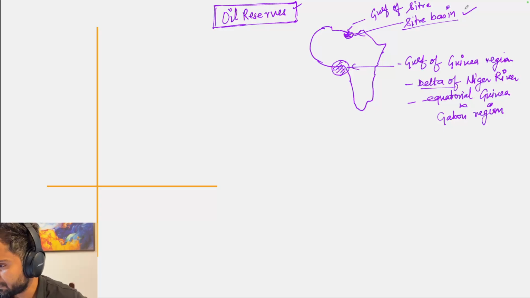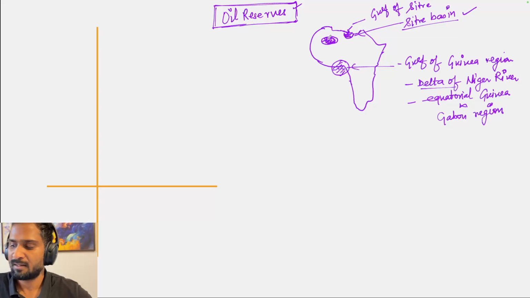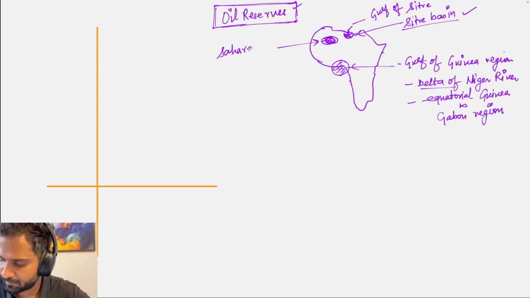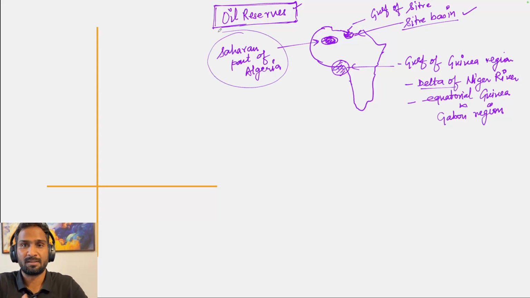Then in fact, this part of Algeria, the Saharan part of Algeria is also rich in oil reserves.